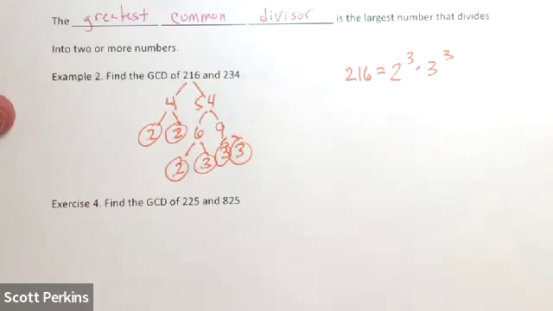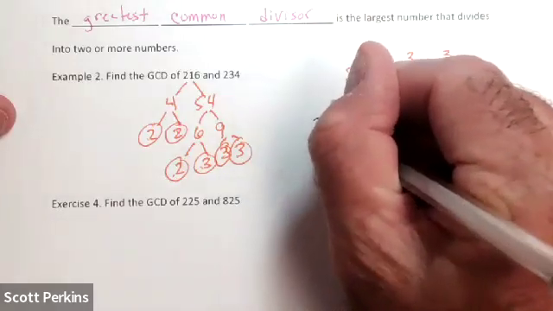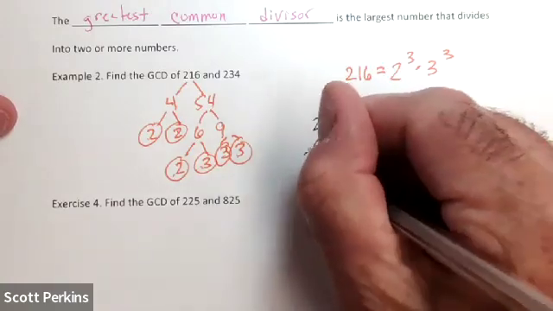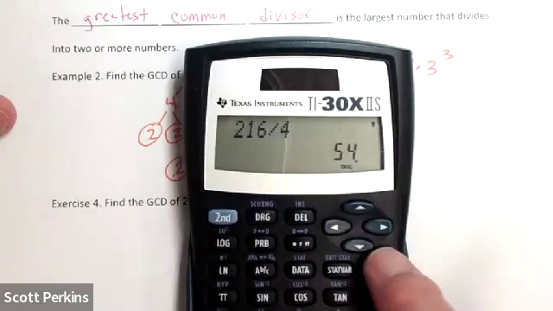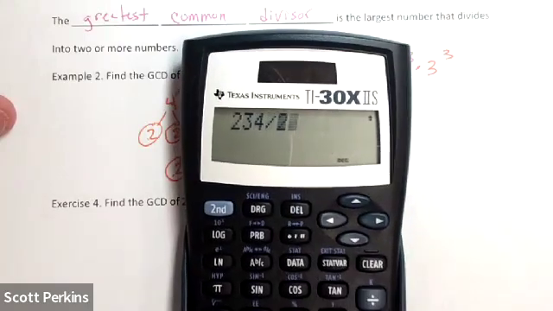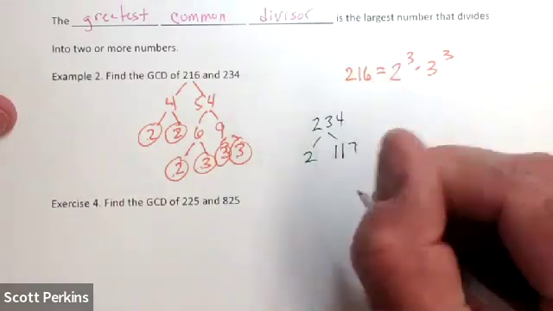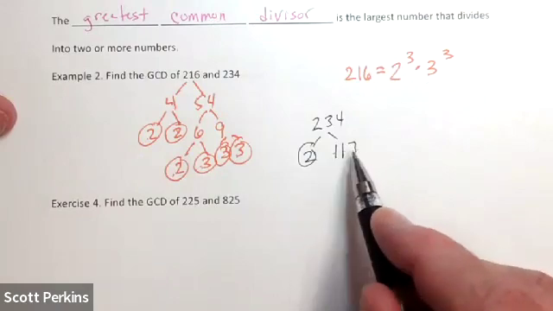Now I'm going to do the same thing for 234. So 234, I'm going to come over here to the side and do my work. Well, I see that it ends in 4, so that's an even number. So this is 2 times 117. 2 is prime. 117, 7, 8, 9. The numbers add up to 9.